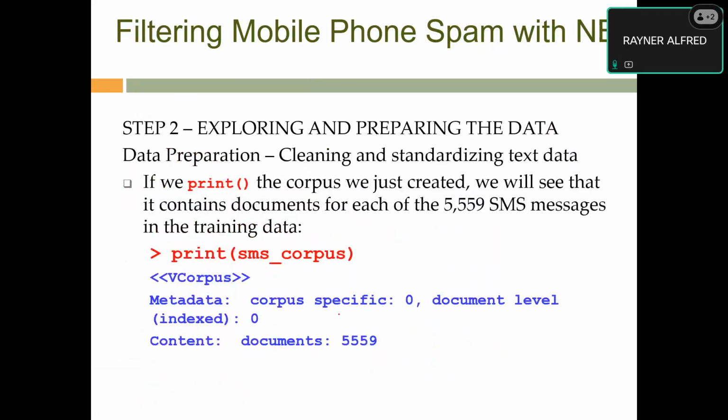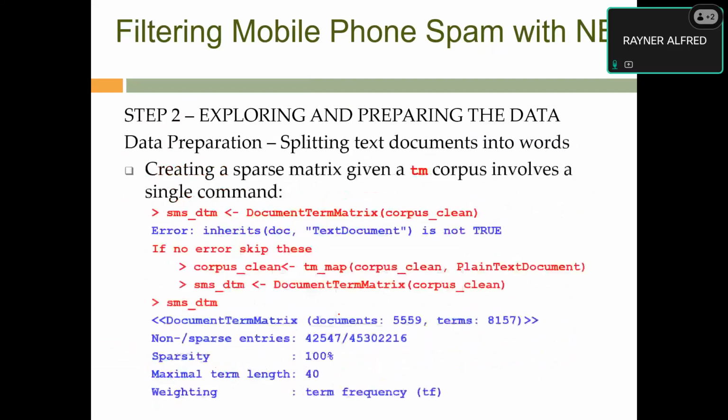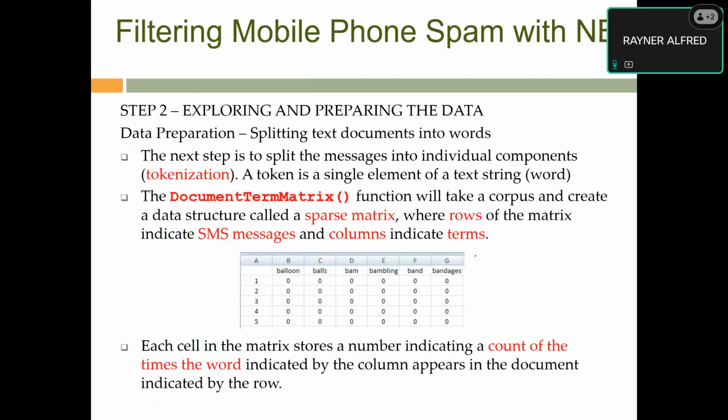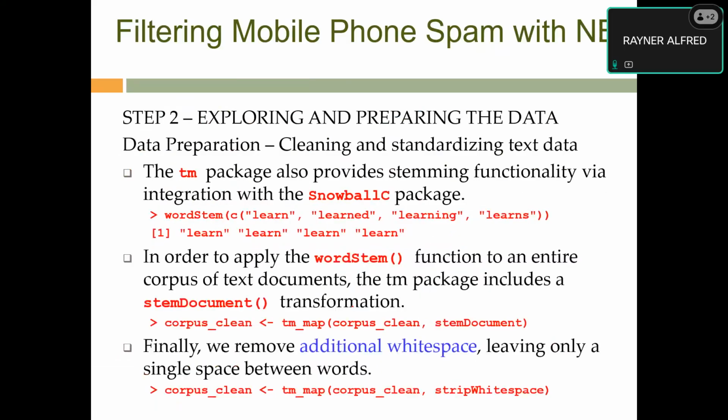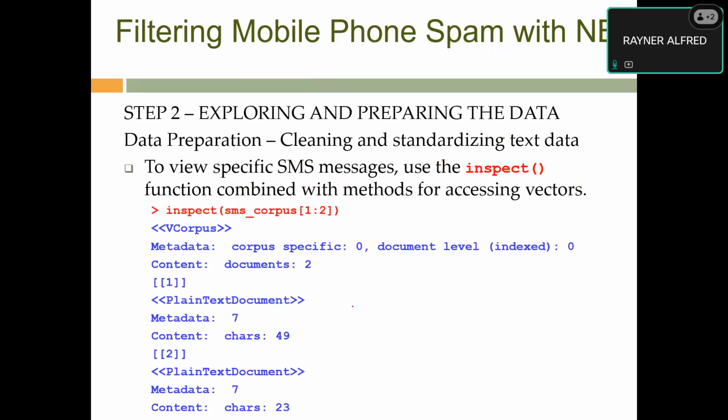Basically, we convert them into something like this. For each SMS here, we compute the frequency of each term in each sentence. This is bag of words. From here, we can compute the probability. We start from the earliest one.